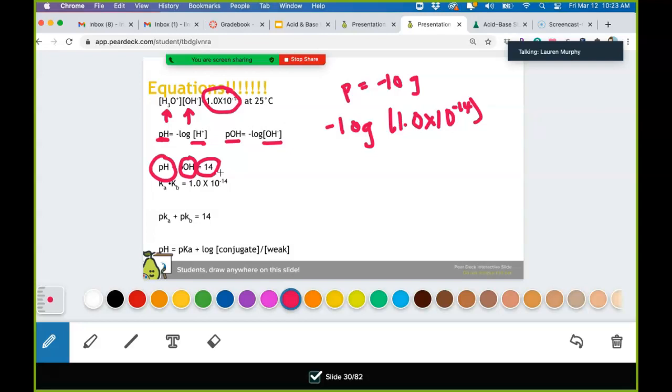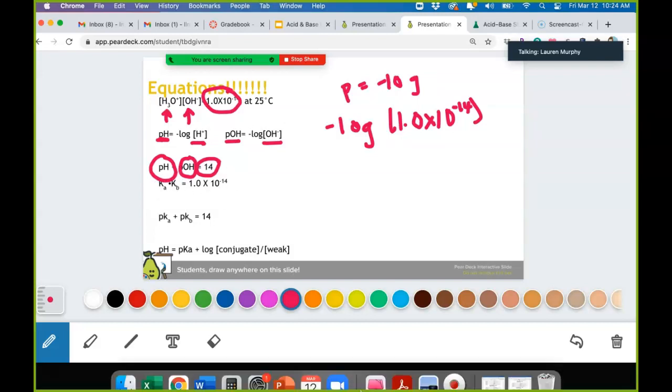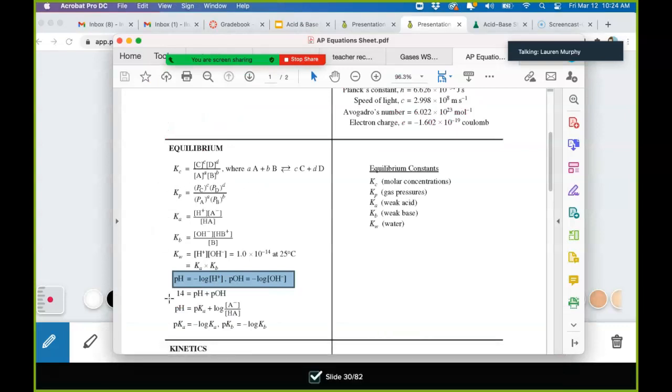It's 14, right? So that's where they got this equation right here. pH plus POH is 14. So like if you find POH, you can just subtract that from 14 to get pH. It's a really easy way to convert between pH and POH. And again, that is also on your equation sheet, so you don't have to memorize it. It's right here. Okay.